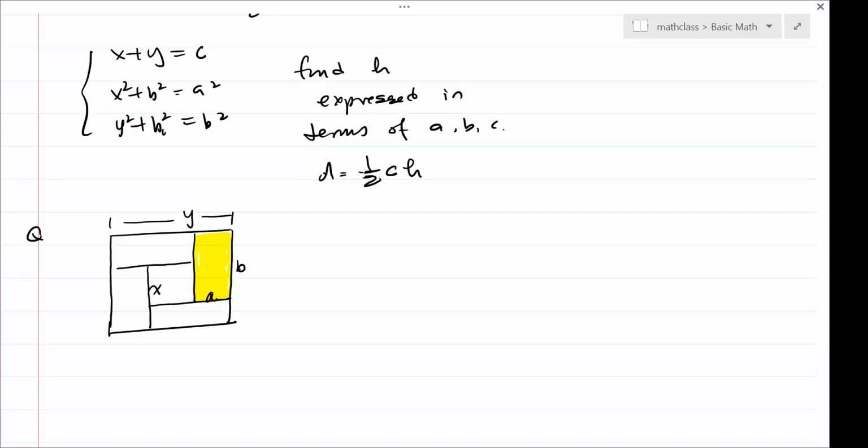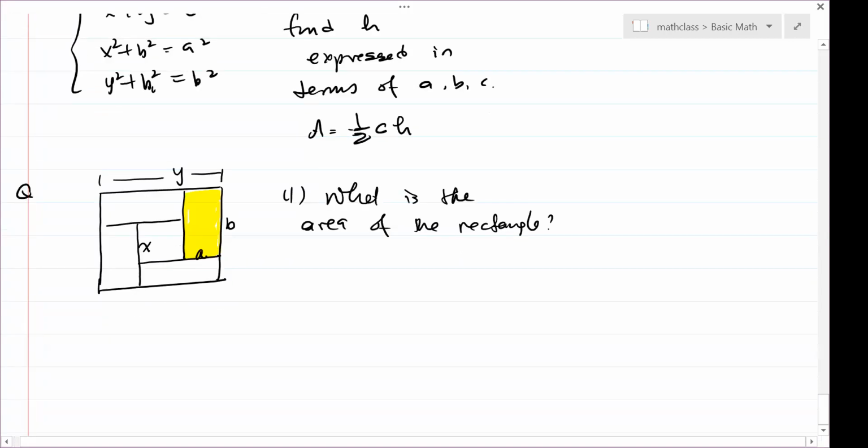Let's find the area of this. What is the area? First question, what is the area of the rectangle? Let's do this first. This is simple.